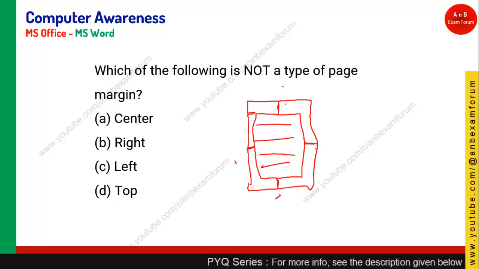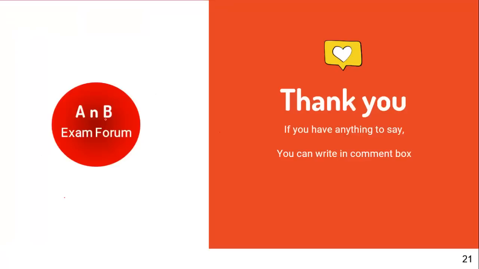So which type of page margin is not available in MS Word? We have seen left is this much margin, right is this margin, this is bottom, this is top, and we have not seen any center margin. So center margin is not a page margin basically. So option A is the right answer.